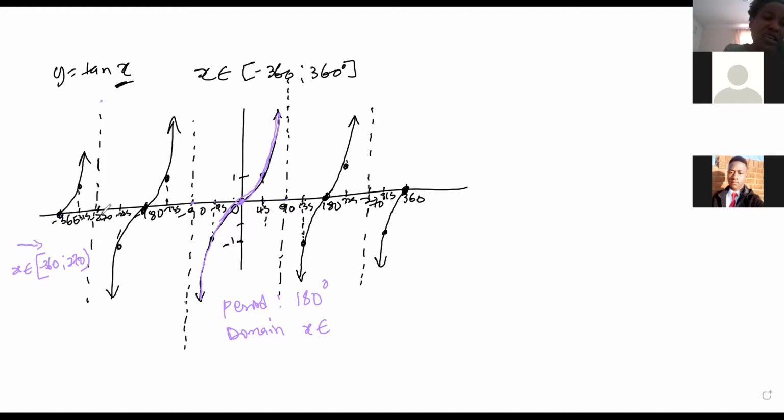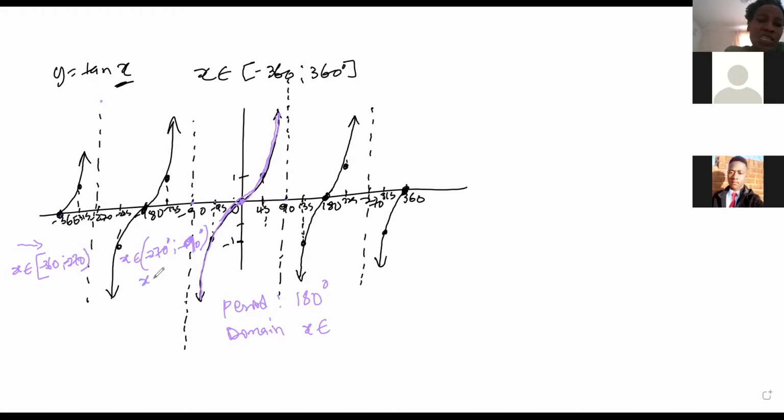After this line, you will have another domain. So after the 270 line, you'll have another domain where x is an element of -270 up until -90. 90 is not included.